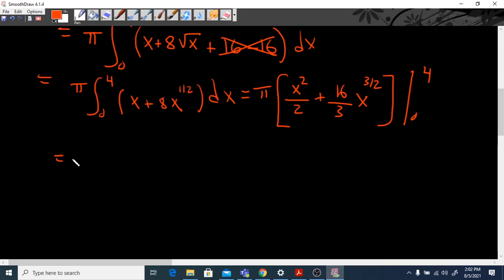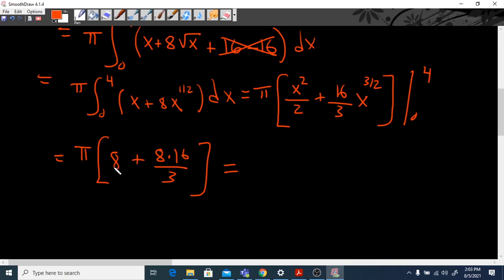All right, now pi times: 4 squared is 16, and 16 divided by 2 is 8, plus 4 to the 3/2. The square root of 4 is 2, and 2 cubed is 8. So when I plug in 4 here, it's going to be 8 times 16/3. And if I plug in 0, I get nothing.